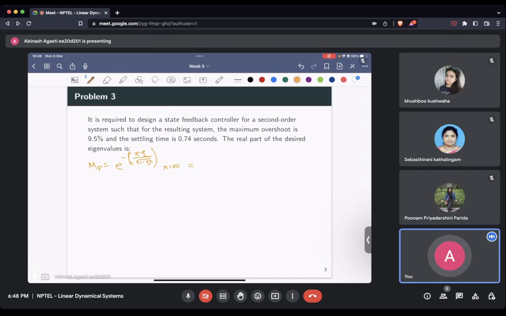So this is 9.5. Okay, so from this I can obtain zeta, and I have settling time as 4 by zeta omega n for standard 2% settling accuracy. Then what I have is, this is given as 0.74 seconds. So from these two, tell me what is zeta and what is omega n. What is the damping ratio and what is the natural frequency?